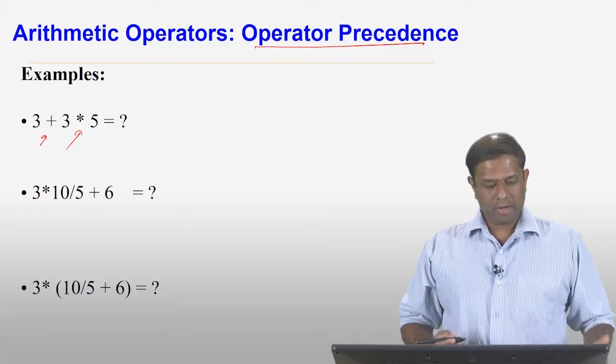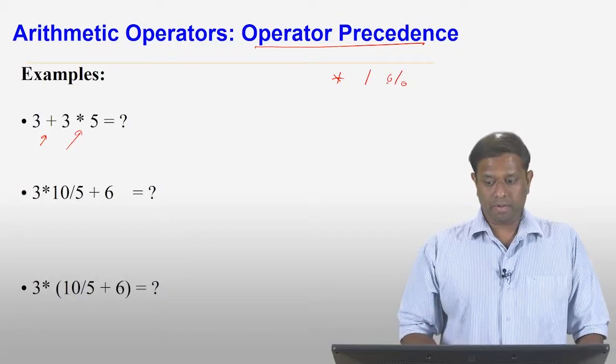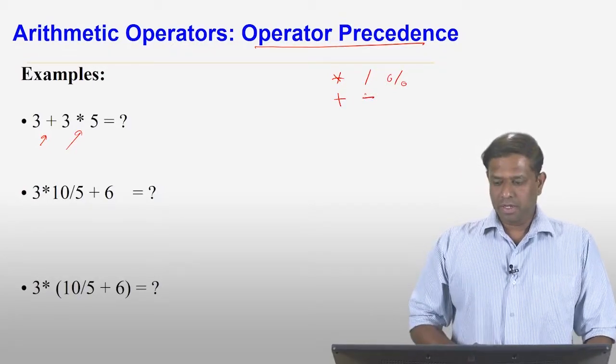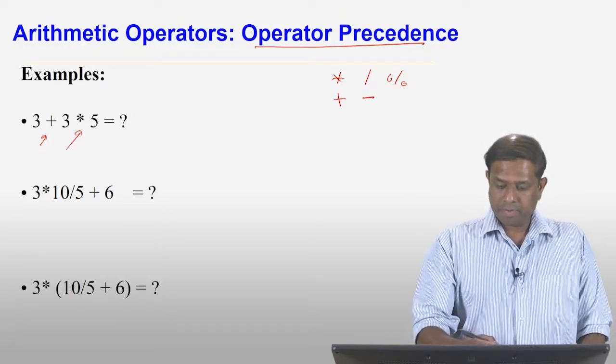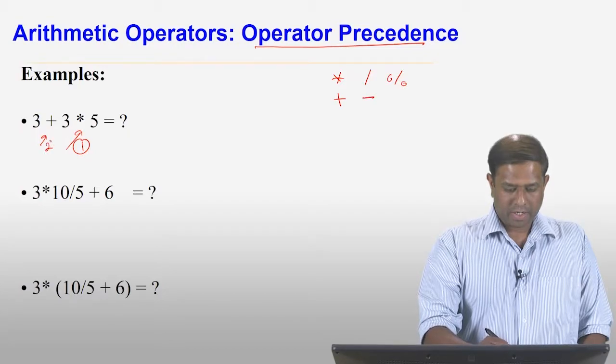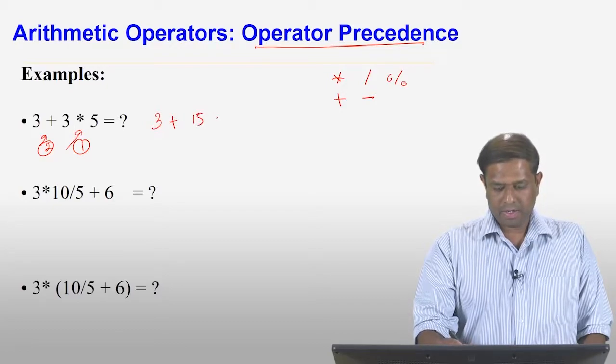According to these rules, multiplication, division and the mod operation are at the same level, and at the next level we have addition and subtraction. Given this, we will perform multiplication first and addition second. So the resulting value is going to be 3 plus 15, which is 18.